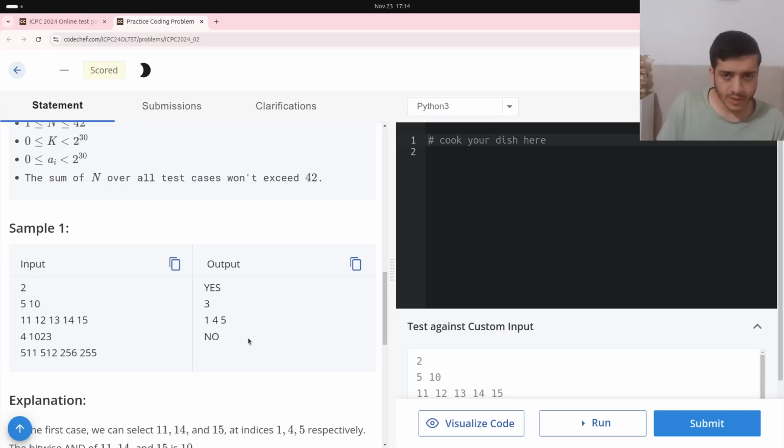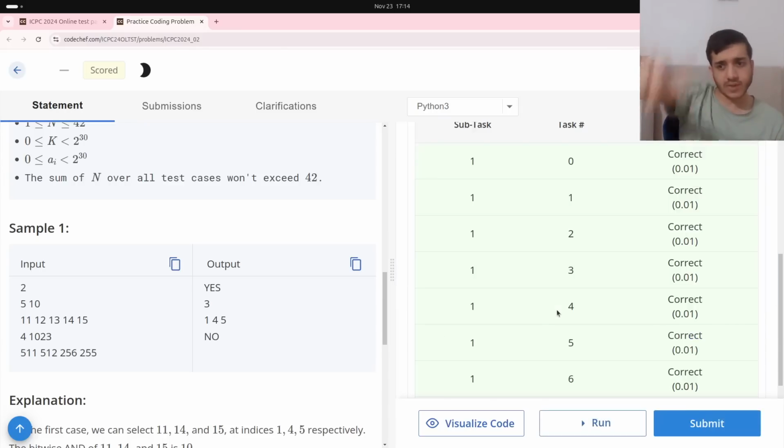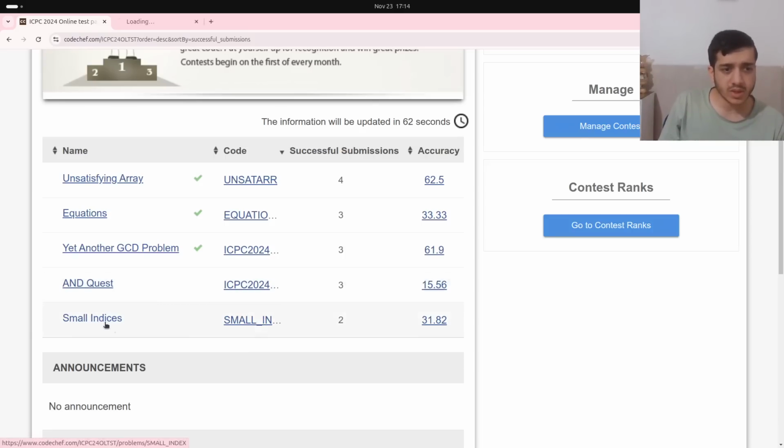Three, 1, 4. I hope that it skips the spaces that I printed. And so let's see. Okay, we got this. That's it.